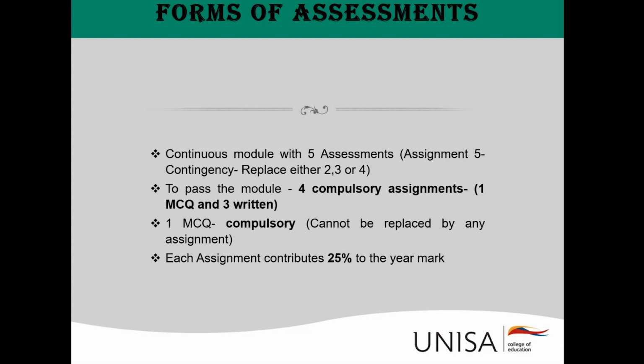And each assignment is going to contribute 25% to the year mark. So meaning each assignment will weigh 25%. Hence, you need to complete 4 compulsory assignments to pass the module.